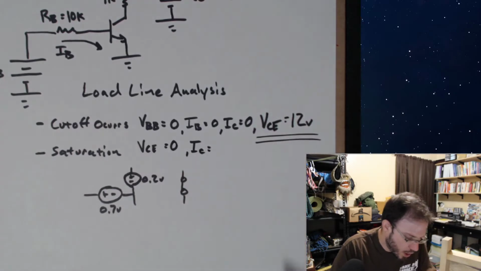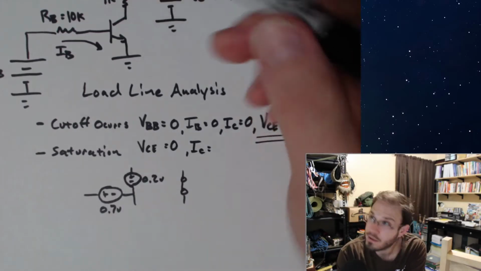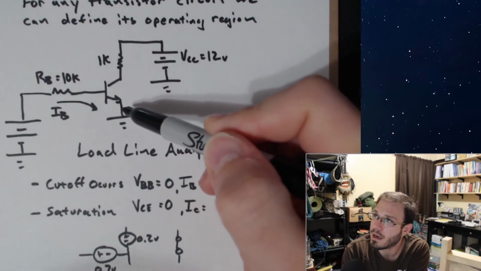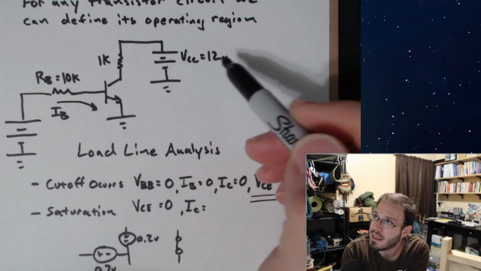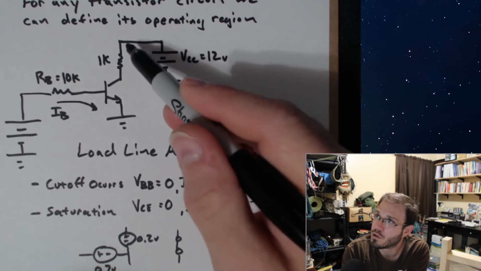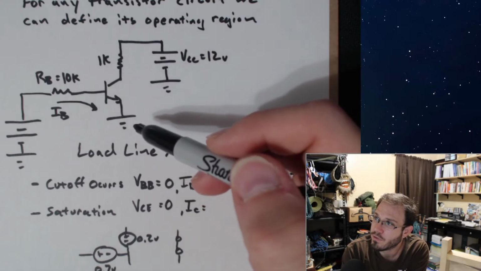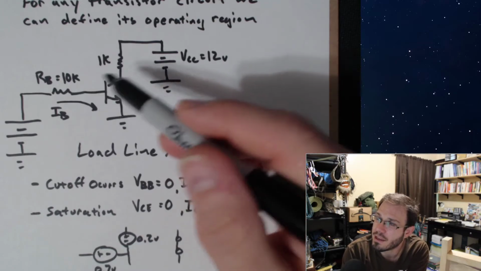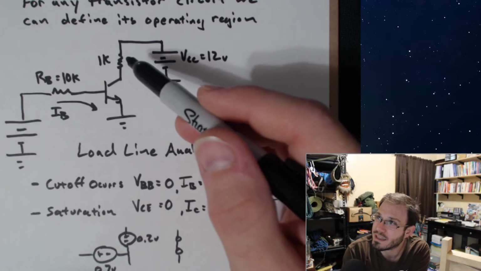And now we want to know what IC is equal to when we have a 0 volt drop between our collector and the emitter. If I have 0 volts across here, then this entire 12 volts is being dropped across this 1K. So the amount of current flowing from the collector to emitter is no longer governed by the transistor. It's only being limited by the collector resistor up here.